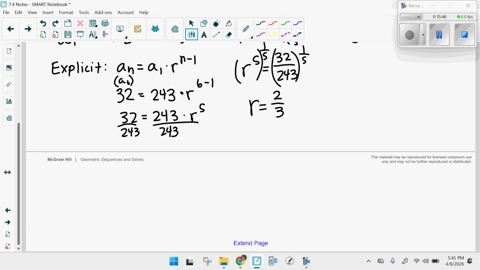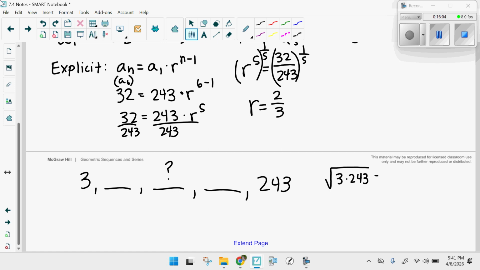Another case that we might approach is having 3 missing terms. So I have a first term of 3 and a 243. I can target this middle term by using that geometric mean formula. So that would be the square root of 3 times 243, which is going to end up being, excuse me, 27.